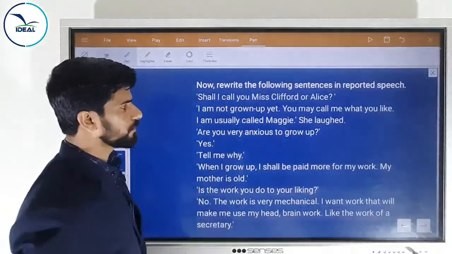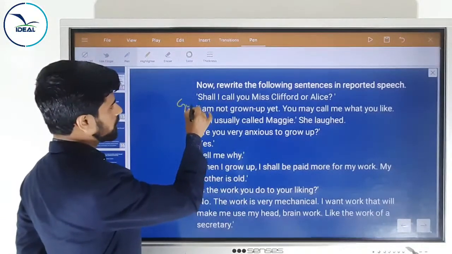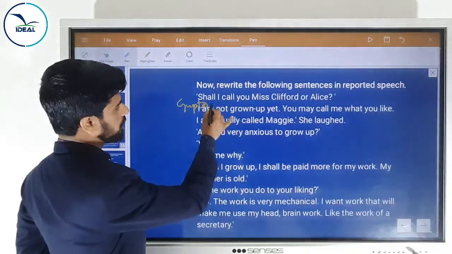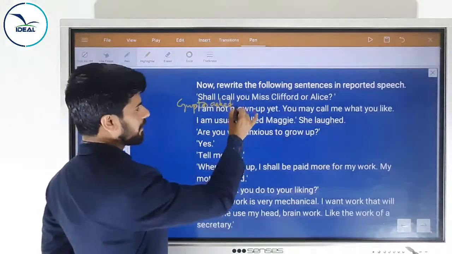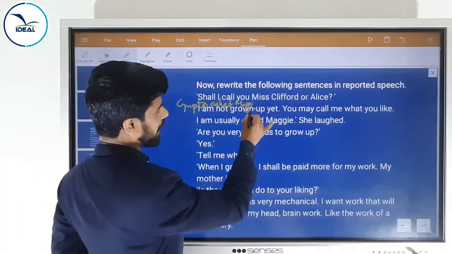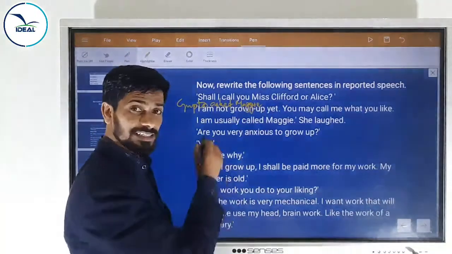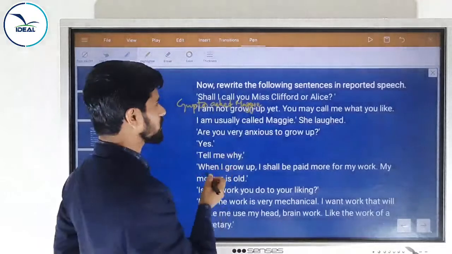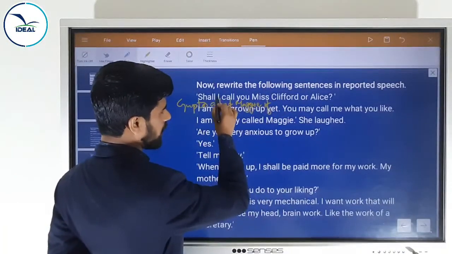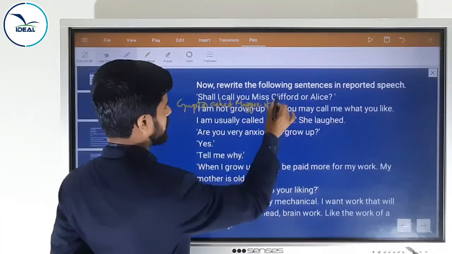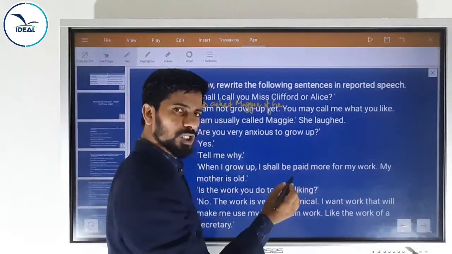Shall I call you Miss Clifford or Alice? How can you convert this? Gupta asked Maggie, shall I call you Miss Clifford or Alice? It is a yes or no type question, right? So you can start with if. Instead of I, he, then shall call can be converted as would call or should call, right?